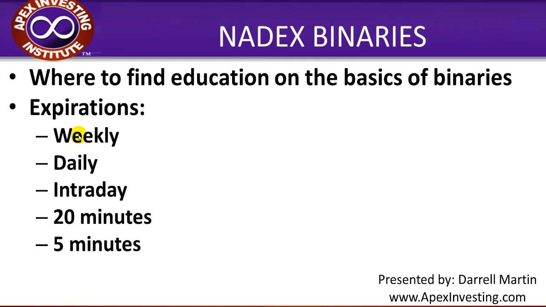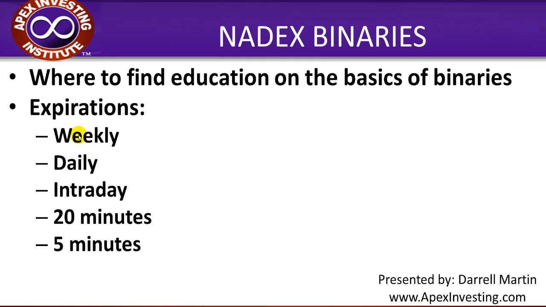They also have the intraday expirations, which are 2 hours long. So if it expires at 10 a.m., it starts at 8 a.m. If it expires at 8 p.m., it starts at 6 p.m. They have 20-minute expirations on the U.S. indices, starting at 9:40 and going to 4 o'clock, so every 20 minutes on the S&P 500, the Nasdaq, the Dow, and the Russell.